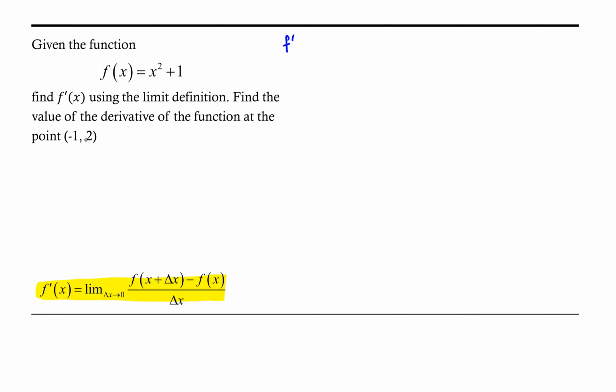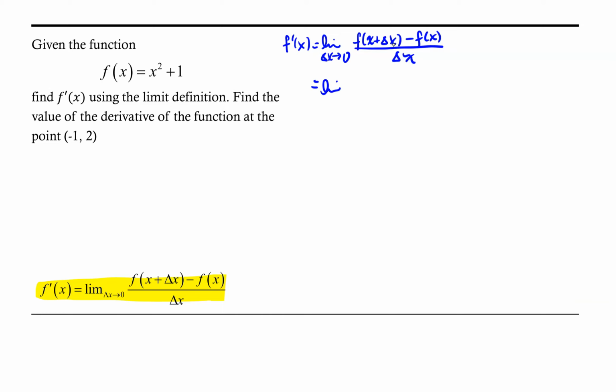So f prime of x is going to equal the limit as delta x approaches 0 of f of x plus delta x minus f of x all over delta x. So I'm going to be replacing, in this first part of my numerator, x with x plus delta x in my function.